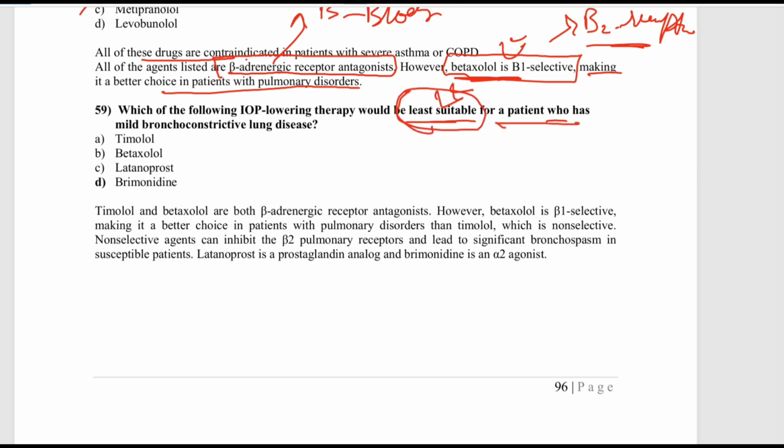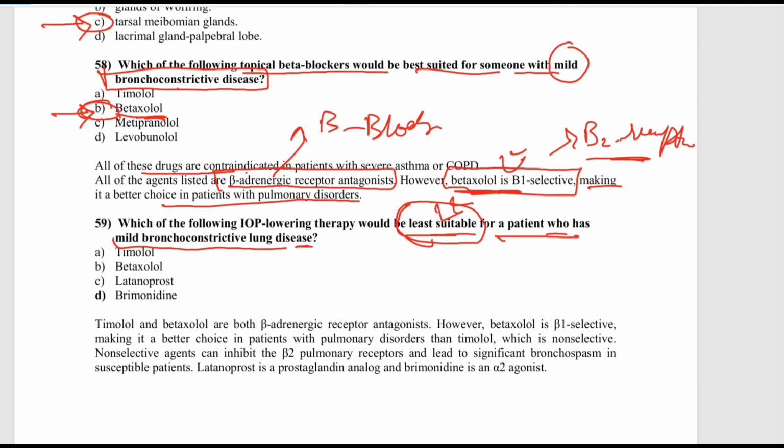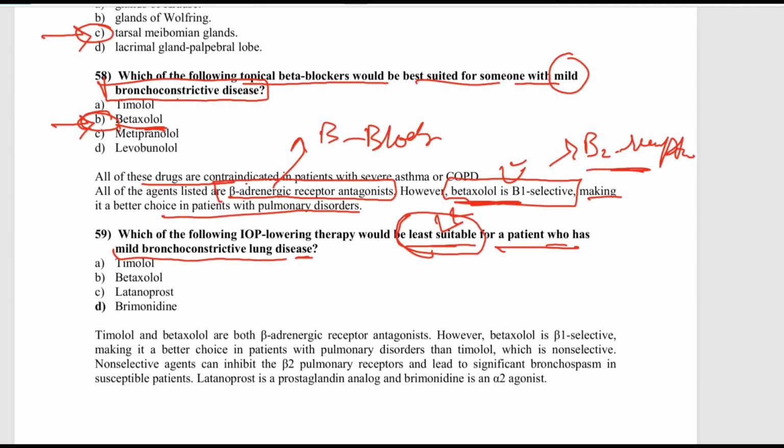Least suitable for a patient who has mild bronchoconstrictive lung disease. Compare both of these questions: what drug can be used with bronchoconstrictive disease and which drug cannot be used. So the correct option here would be timolol.